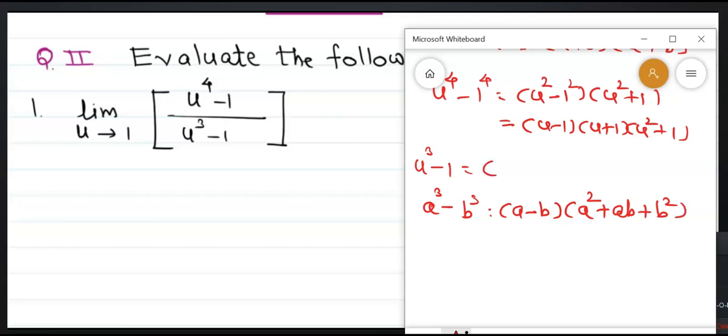And in the same way, here this is u cube minus 1 cube, then u minus 1 in the first bracket, second bracket u square plus u plus 1. Now here u into 1 is u and 1 square is 1, these will be the factors here. That is, here is a plus sign. In this way, we'll factorize this.